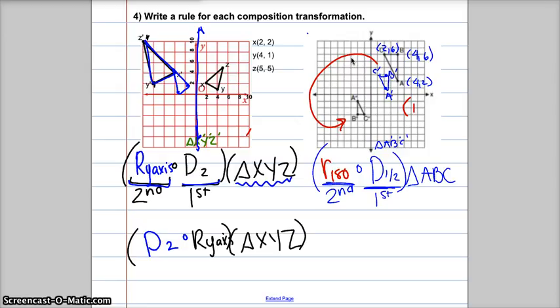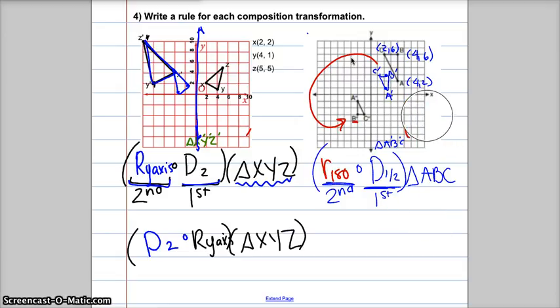So look at the ordered pair of C prime and look at the ordered pair of C double prime. The signs switched in each one. Look at the ordered pair of B prime, and look at the ordered pair of B double prime. Right here. They have switched signs, so it was indeed a rotation of 180 degrees.